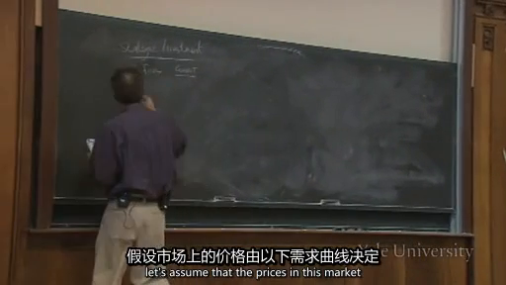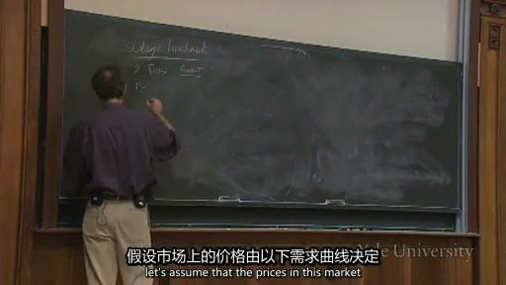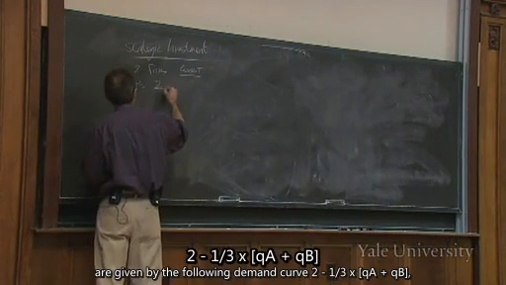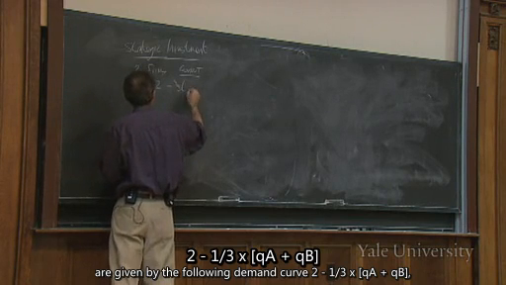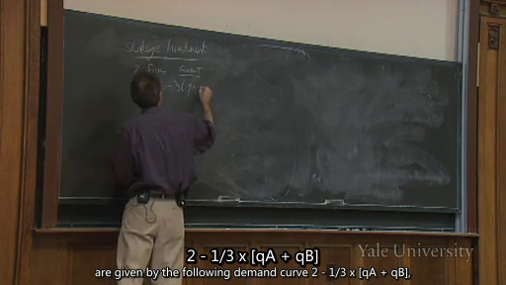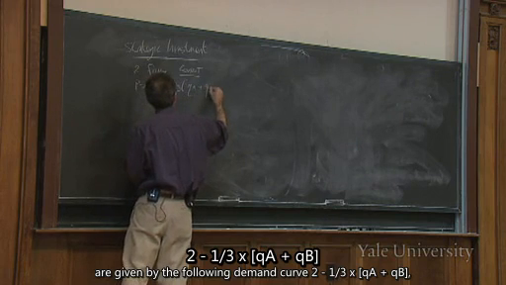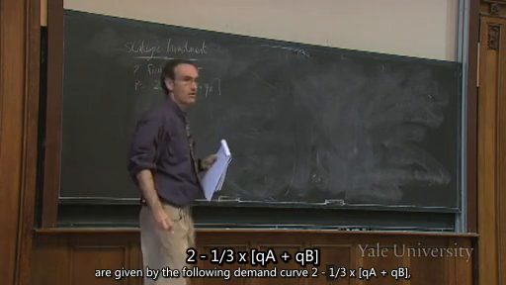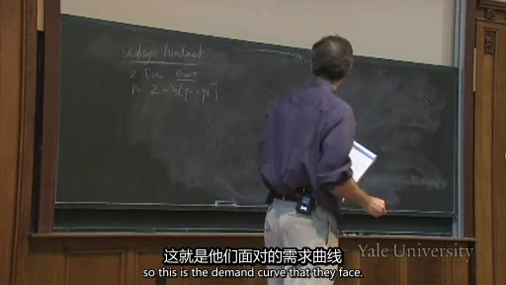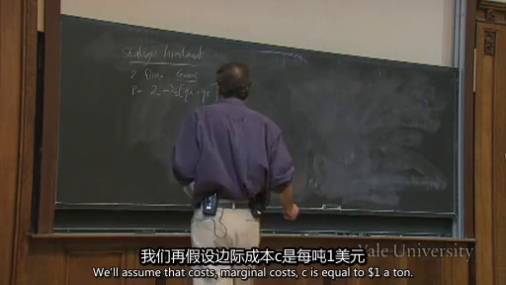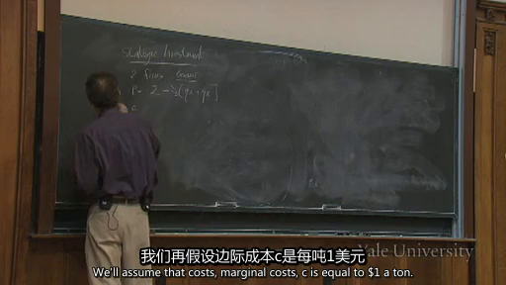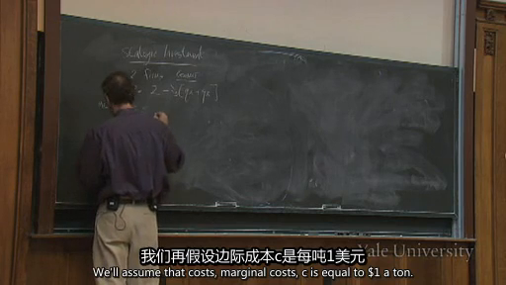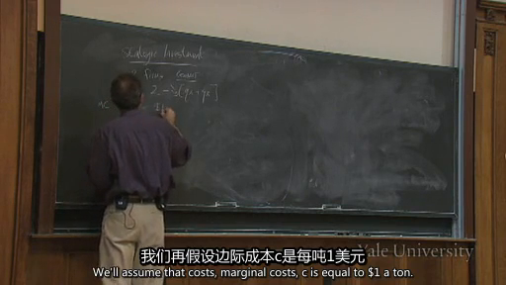Let's assume that the prices in this market are given by the following demand curve: 2 minus 1/3 times (QA plus QB). All right, so this is the demand curve that they face. And we'll assume that marginal costs, C, is equal to $1 a ton.